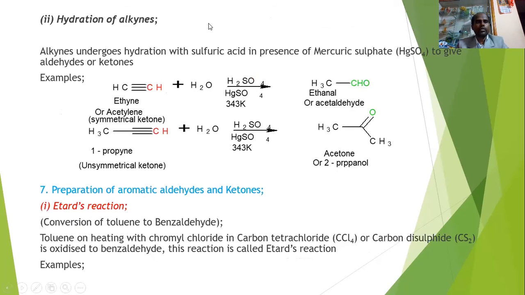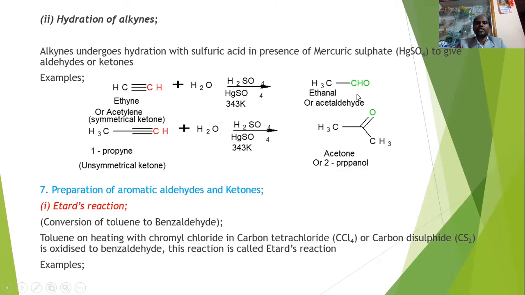Right. Then hydration of alkyne. Alkyne means a triple bond containing compound. So addition of water: when an alkyne is treated with sulfuric acid in the presence of mercuric sulfate, it undergoes hydration, also called oxymercuration.